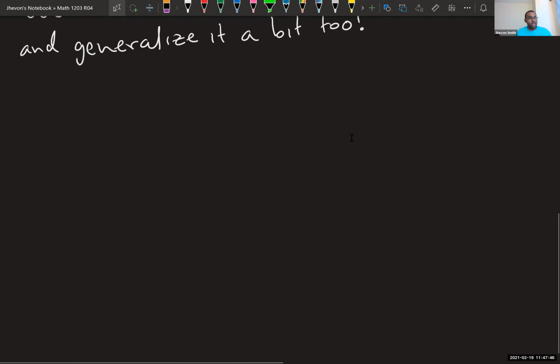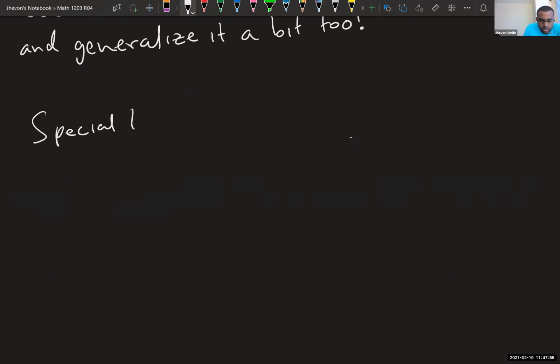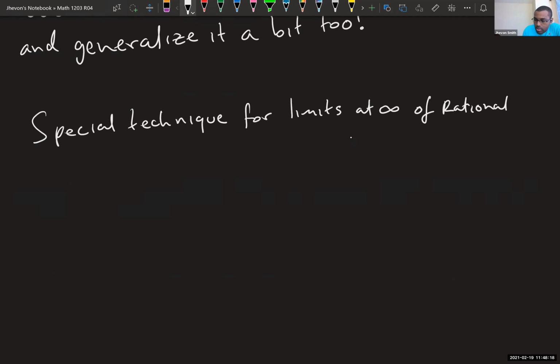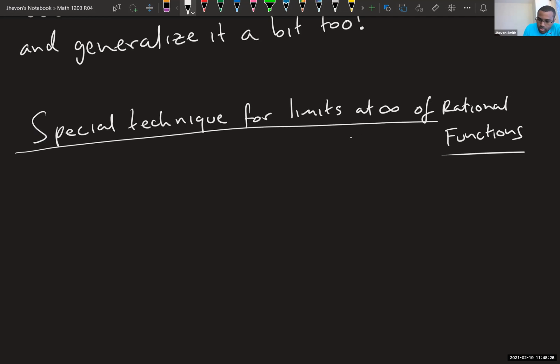So this is a special technique for limits at infinity of rational functions. Okay.